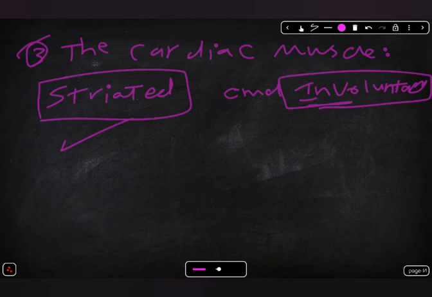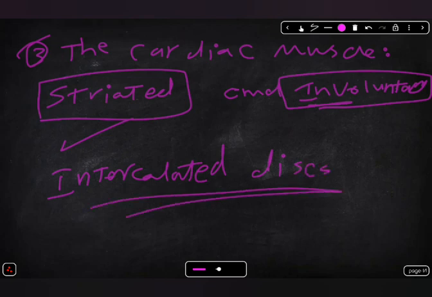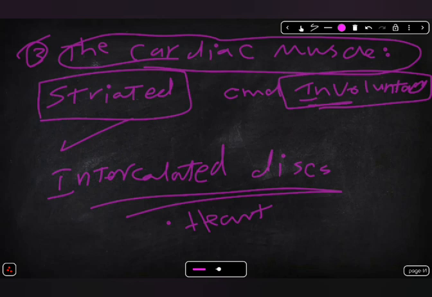In the cardiac muscle, I can found the intercalated discs. Very important to bind the muscle fibers together and make the heart beating as a one functional unit. So the cardiac muscle, I can found it in the walls of the heart.